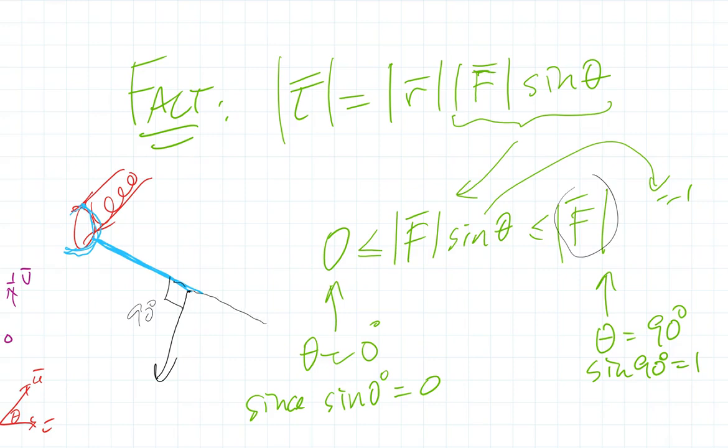If you're pulling on the wrench instead, then the screw's not going to go anywhere, right? So that's when the angle, so theta is the angle between R and F, by the way. So here's R, and then F is this.